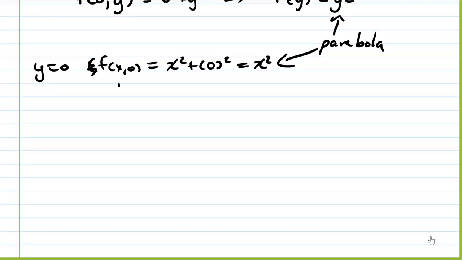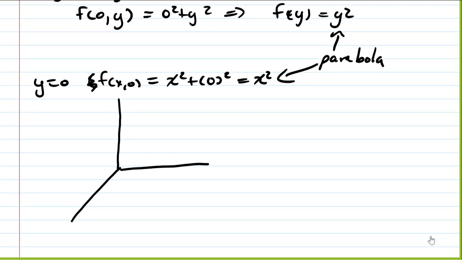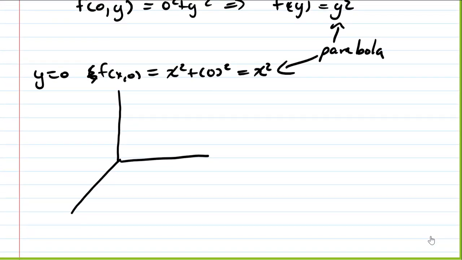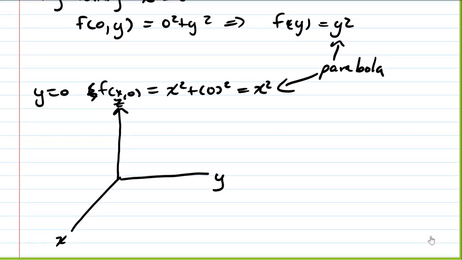So in terms of our three-dimensional graph, if we were to visualize this guy, so we have x, we have y, we have our z. If we were to analyze f of y equals y squared, well, that's when x equals 0. So that means we're stuck here on our y-axis.